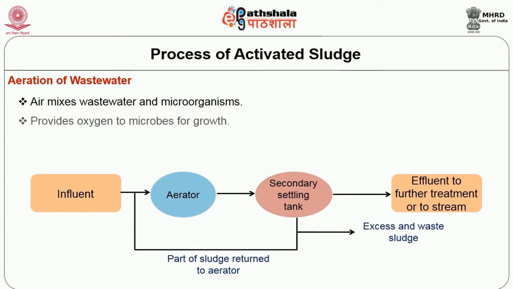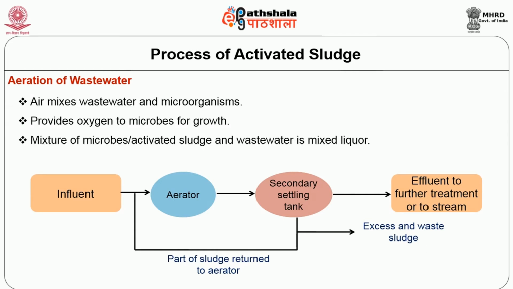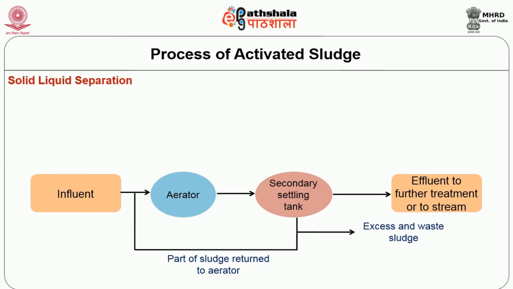Microorganisms, so that oxygen is provided to the microbes for growth. The mixture of microbes or activated sludge and wastewater is called mixed liquor. The second step is the solid liquid separation. Mixed liquor flows from the aeration tank to the clarifier.